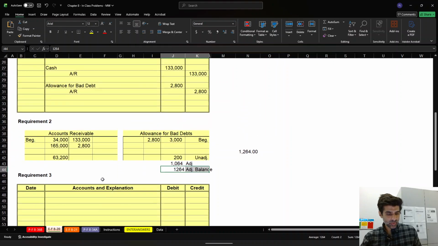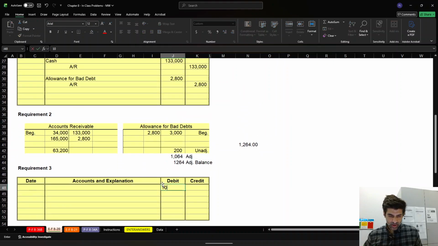Okay, so we would just do 1,064. We're going to take this. The whole point of it is to record an expense called bad debt expense. And we're going to add that, kind of like a loss you can take, to this piggy bank called allowance for bad debt.